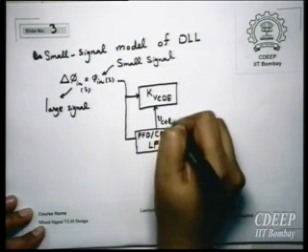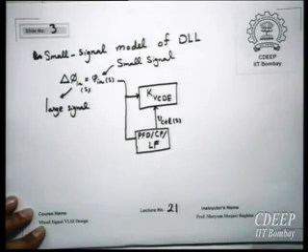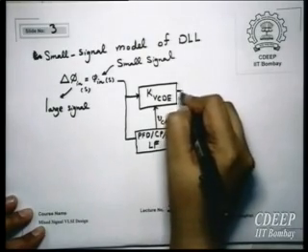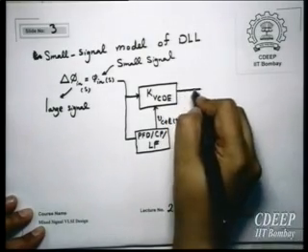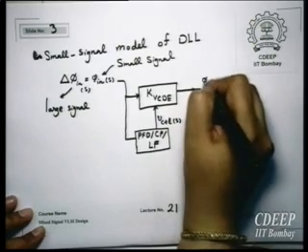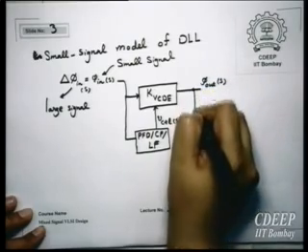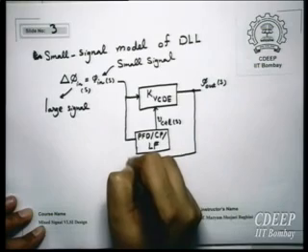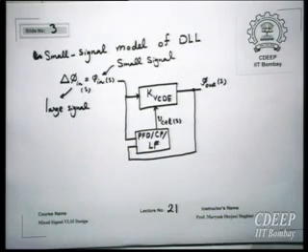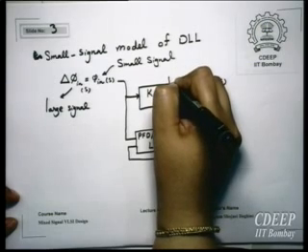So now everything is a small signal. We will get an output phase, which is equal to the input phase, and then I will have intermediate outputs out of this.